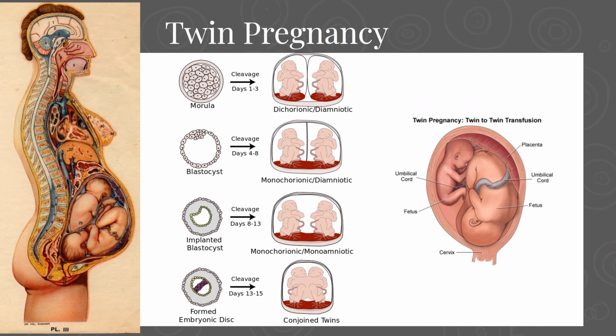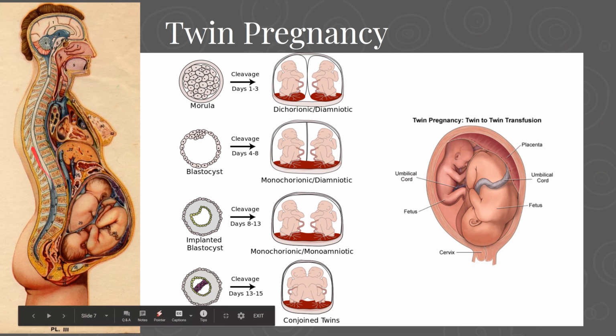We're not necessarily talking about the twin pregnancy that is a result of 2 eggs, 2 oocytes getting released, because that's just like a sibling pregnancy. A twin pregnancy that is like an identical pregnancy happens because very early on that ball of cells divides.